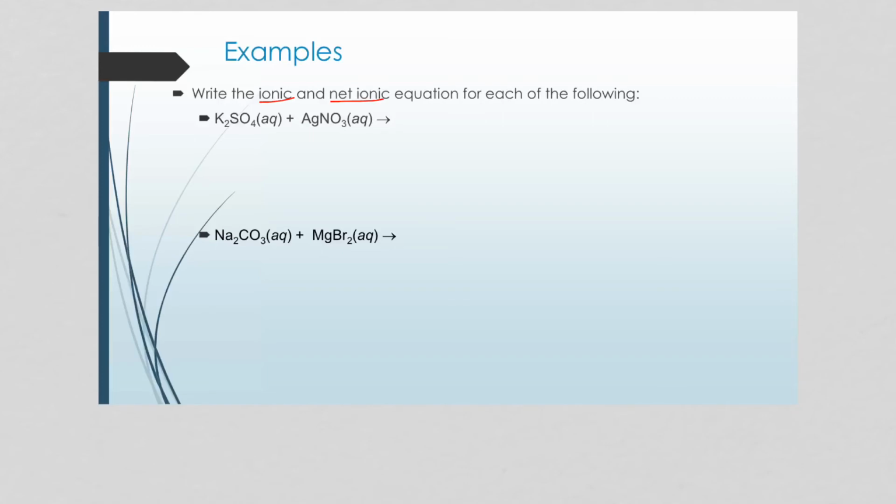So the first thing was determine the ions present. So in my first solution here, I'm going to have potassium ions and sulfate ions. So if I were to write that out, I'm going to have 2 K+ ions, aqueous, and I'm going to have 1 SO4 2- ion.